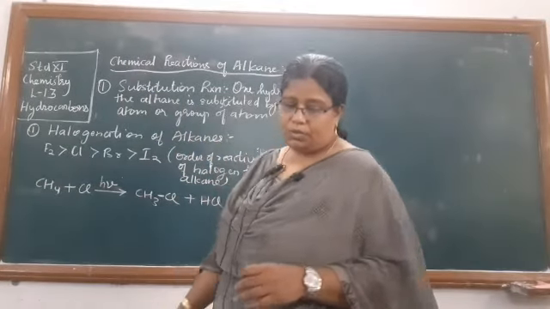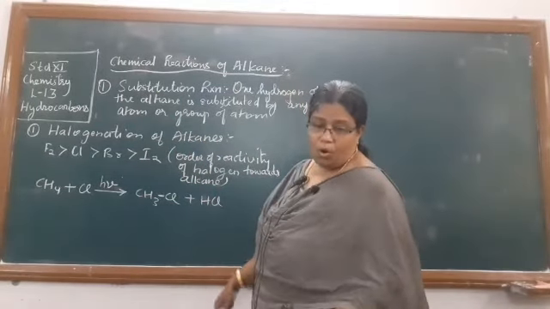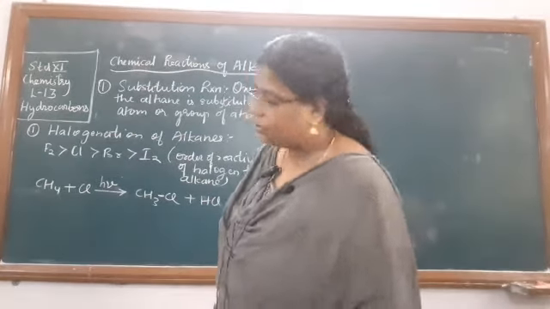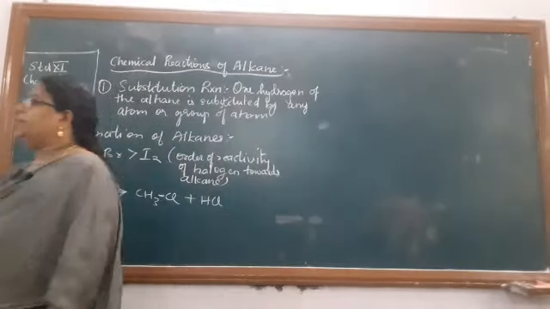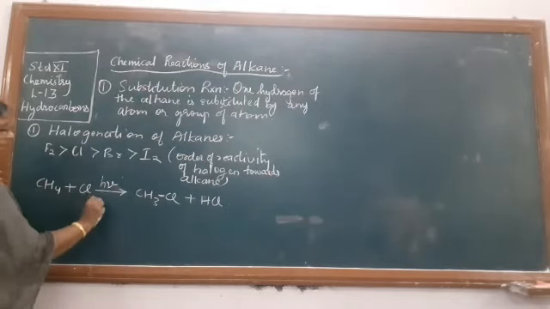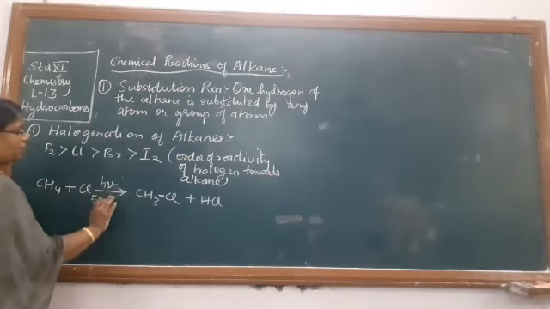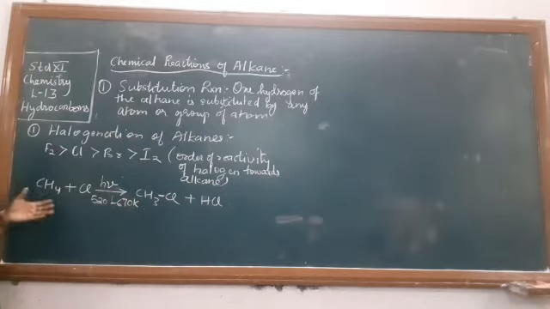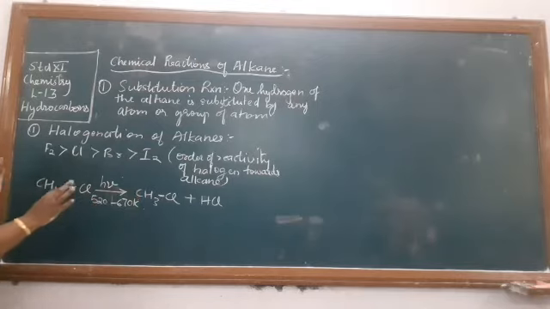Okay. So this is the first step, or it may be carried out at high temperature like 520 Kelvin to 670 Kelvin. This high temperature you require. Now the reaction doesn't stop here.